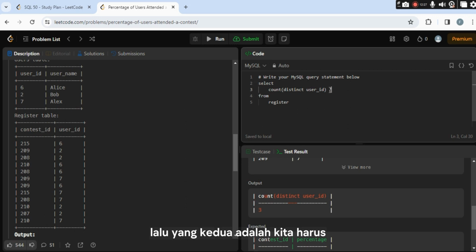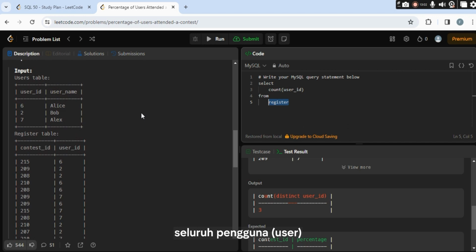The second one is to find the total number of users. To do that, we have to count the user ID from users.